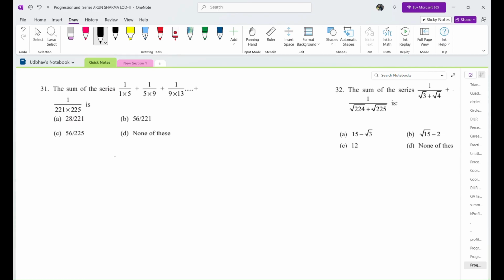The pattern here is that this is a telescoping series. What are telescoping series?